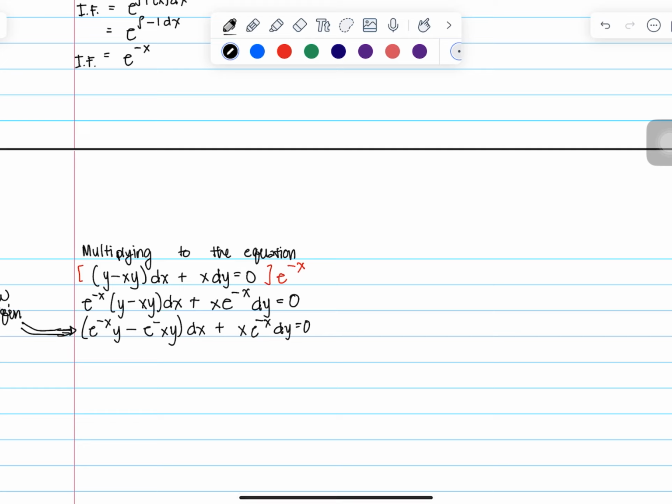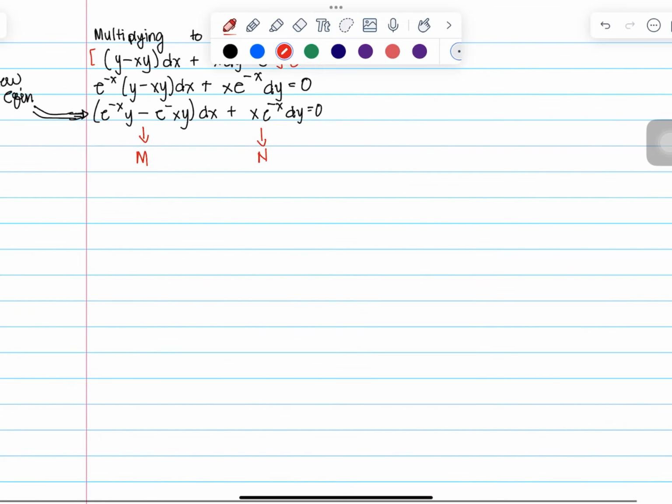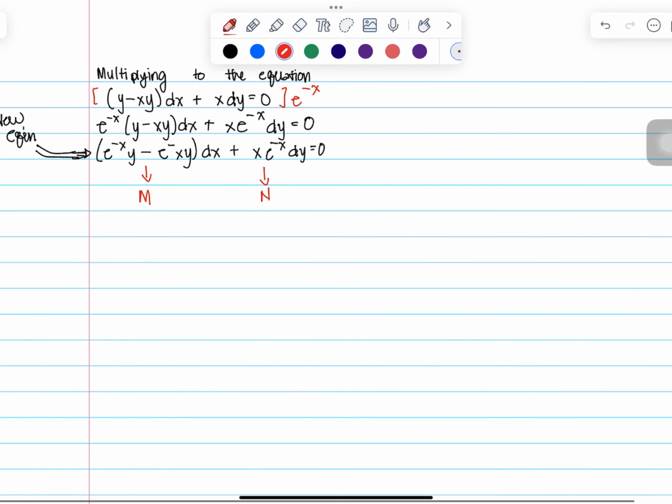All right. Now this is your new m, and this is your new n. Now, let's test for exactness, if this is really exact. So what is the test for exactness? We have the partial derivative of m with respect to y is equal to the partial derivative of n with respect to x.